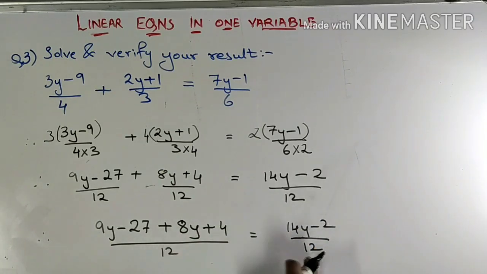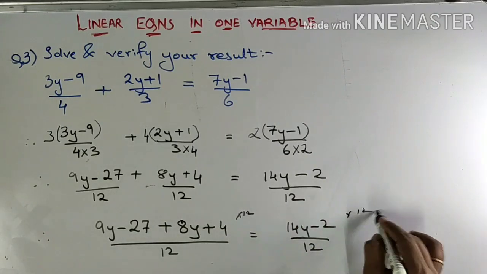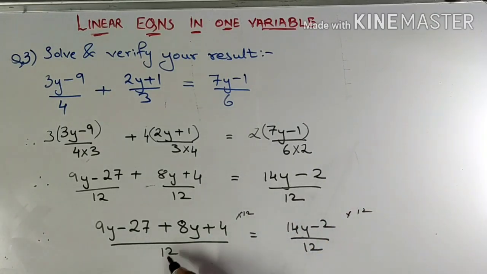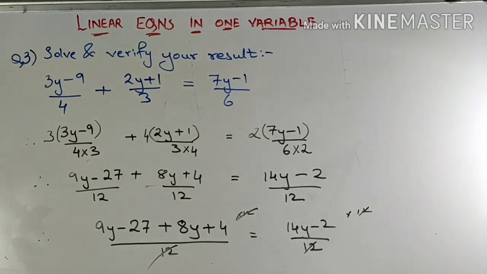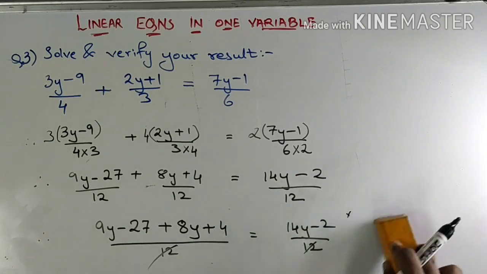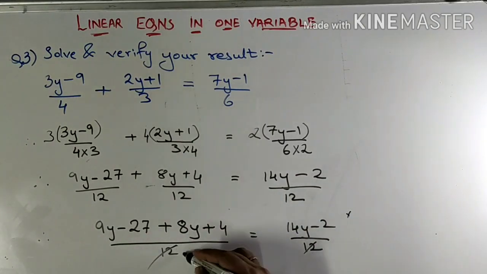Now see, both the denominators are same. If I multiply LHS by 12 and RHS by 12, it balances the equation and gets rid of the 12 in the denominator. So eliminating, or multiplying 12 on both the sides, I get this eliminated.